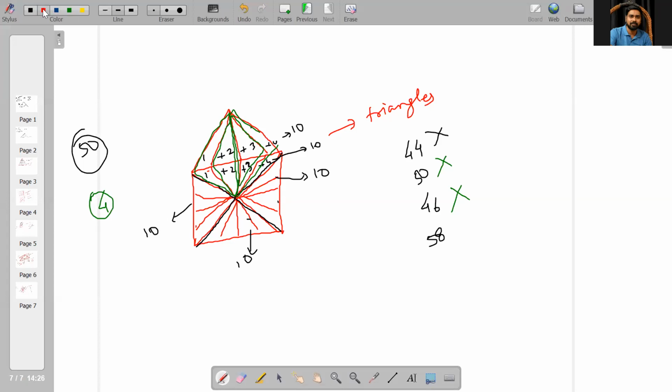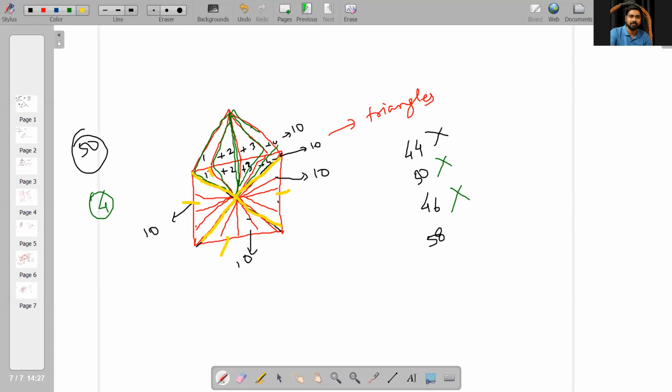I'll tell you. Now remember, when we had counted these figures, this one, we had not accounted for what? We had counted this separately, this separately, this separately, this separately, but we had not joined them.